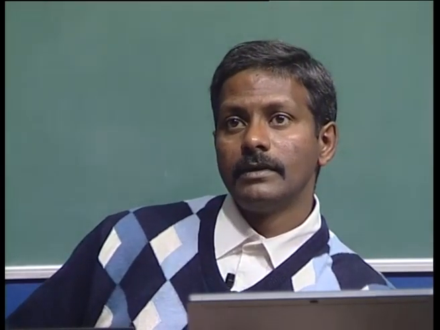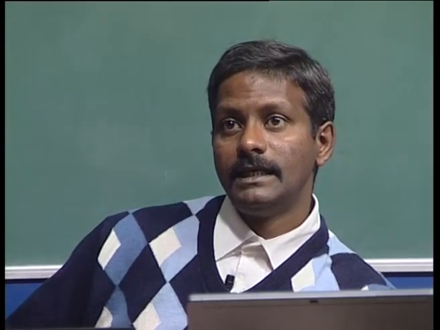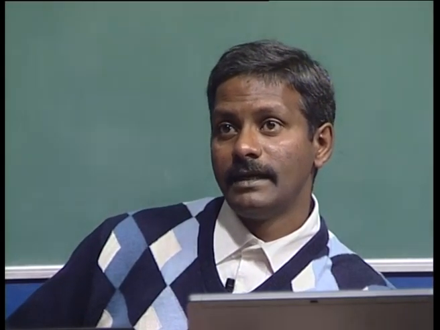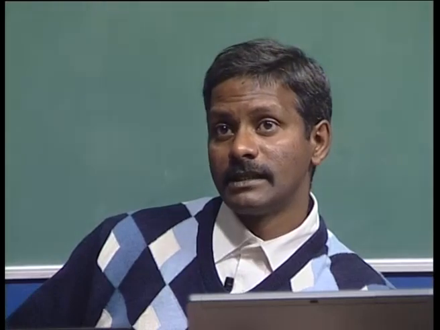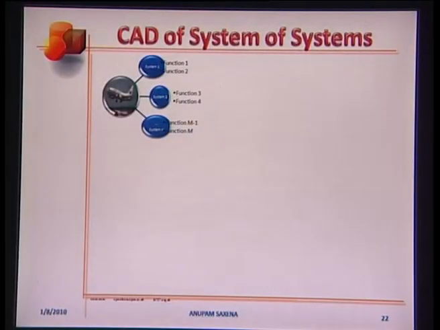In a system of systems design, different systems can be identified and so can the functions be. For example, individual systems can be, say, system 1 with functions 1 and 2, system 2 with functions 3 and 4, and so on.